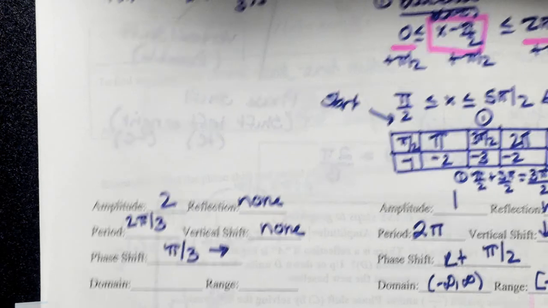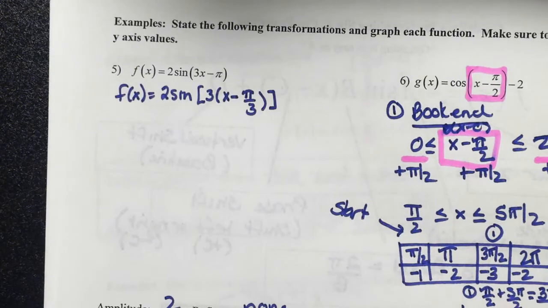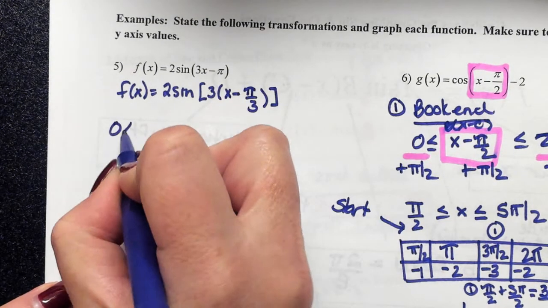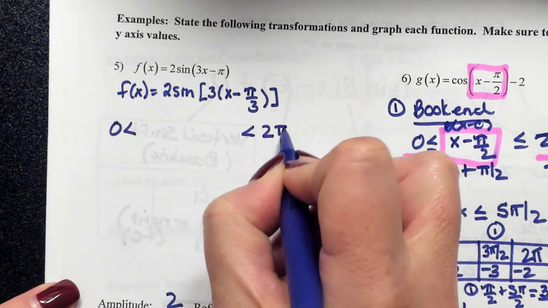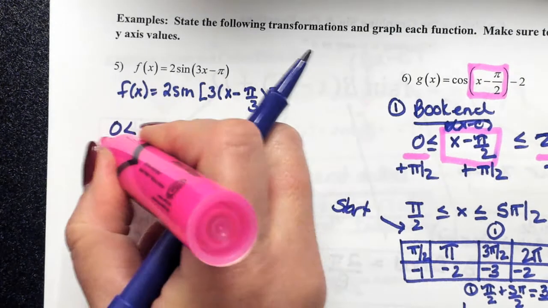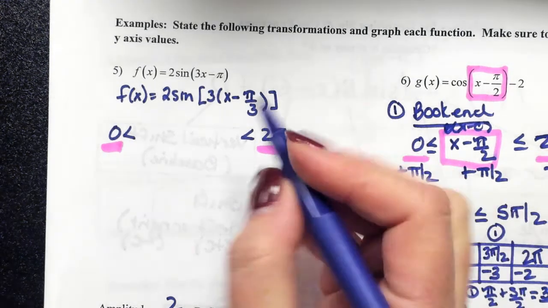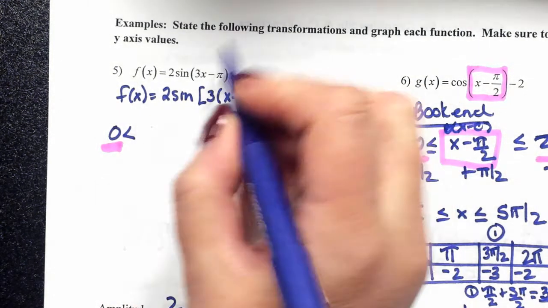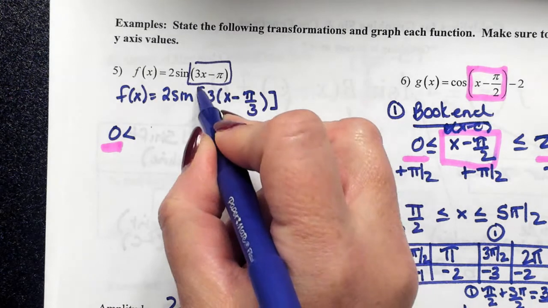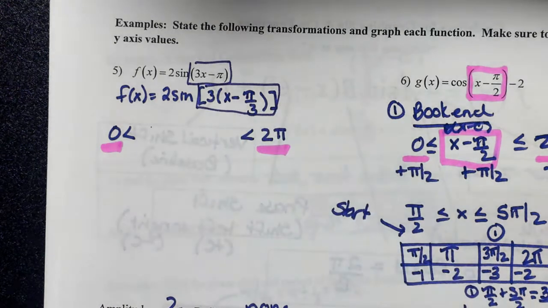Now, let's talk about doing the divisions. This is always going to be 0 to 2 pi, like I mentioned in the last example. Yes, I know the period is 2 pi over 3, but mathematically, what I put between the two inequality signs is going to take care of the phase shift and the period change. You can put either the original or the factored out form in between.